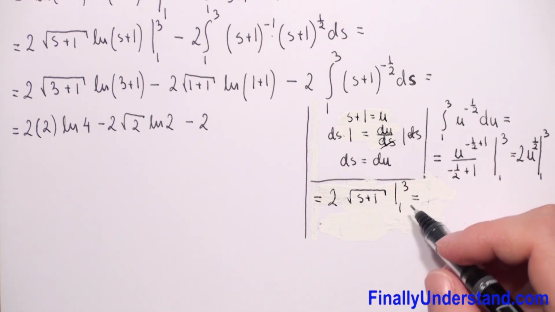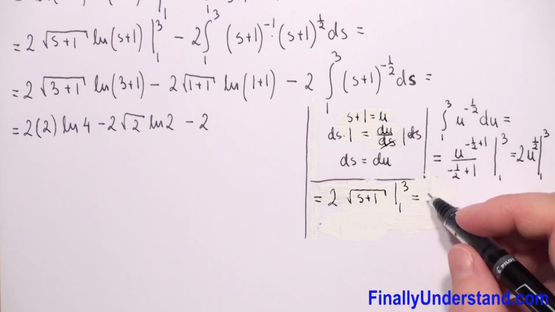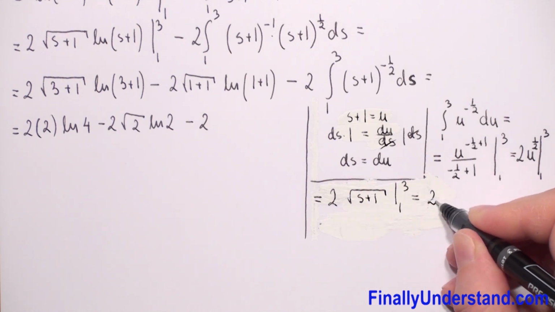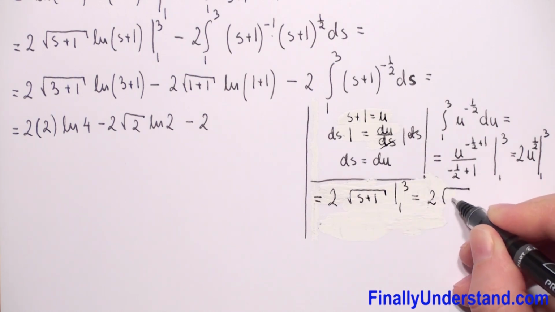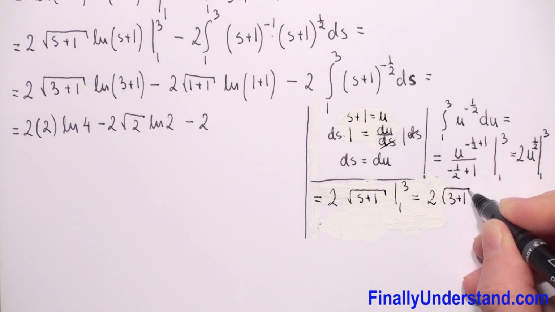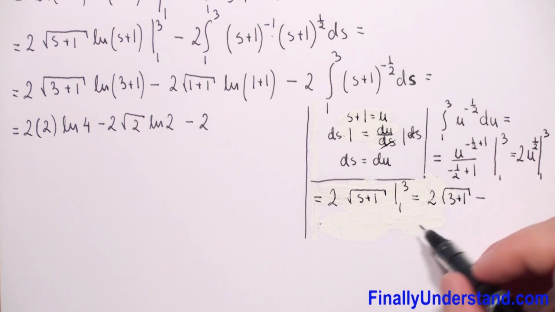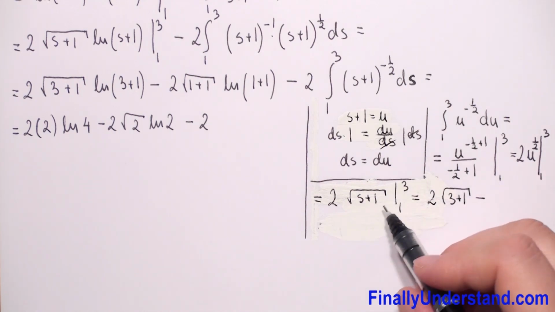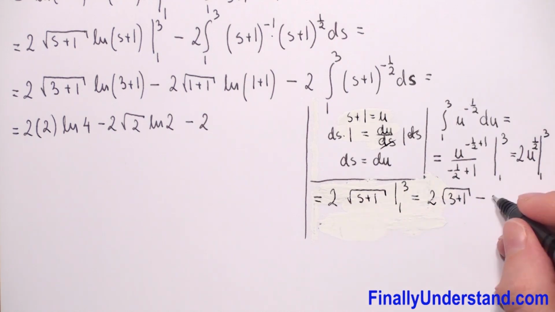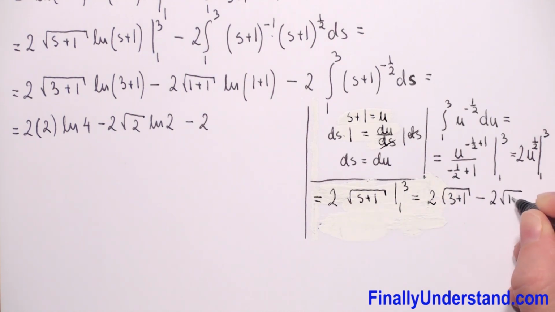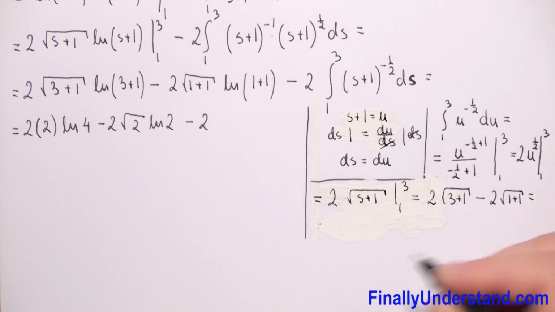Now we can plug first upper limit. So we have to copy 2, and we have square root of 3 plus 1 minus, we have to subtract lower limit is 1. It means we have to substitute s by 1 now. So we have 2 times square root of 1 plus 1. This is equal.